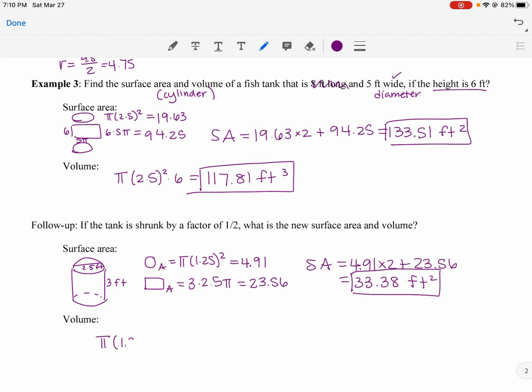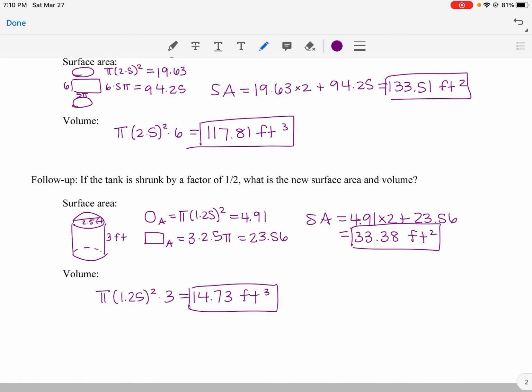So let's see if it is. Pi times 1.25 squared times 3. We end up with 14.73 feet cubed. And if you take the 117.81 divided by that, sure enough, you get 8. It's 8 times as big. All right, you should be all set for your homework.